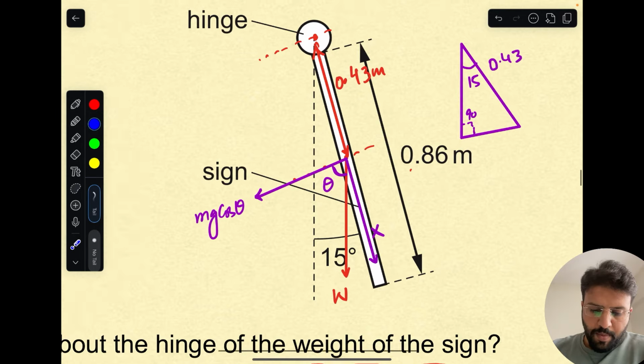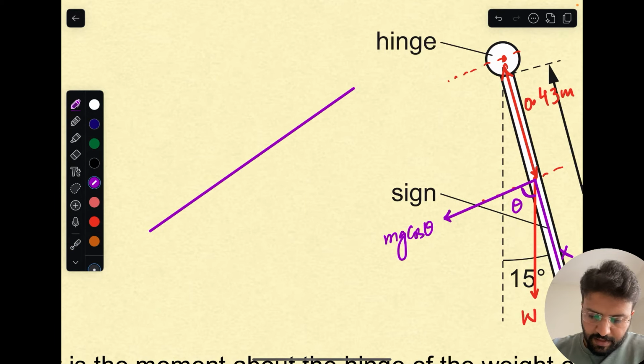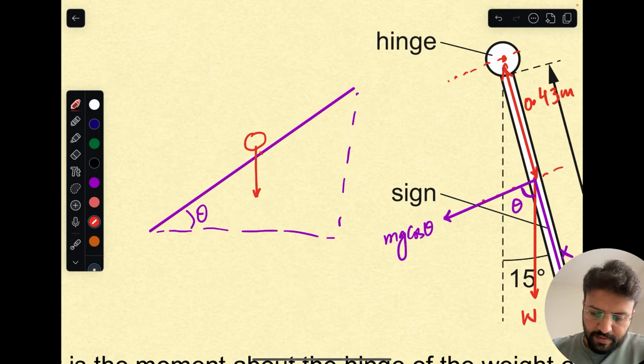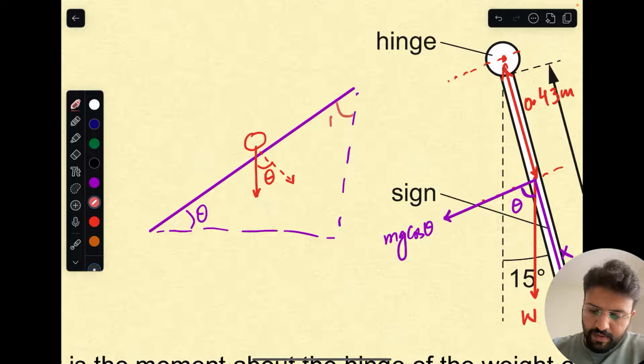If you remember the inclined plane model, if there is some inclined plane with angle theta, the weight will act vertically. Let's suppose the object is here, the weight is acting like this, and the perpendicular component is like this, the angle will be theta. We never said this angle will also be equal to theta.